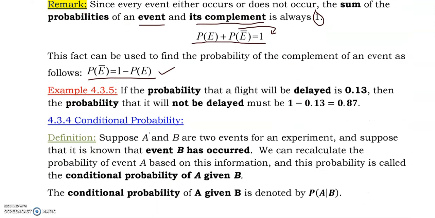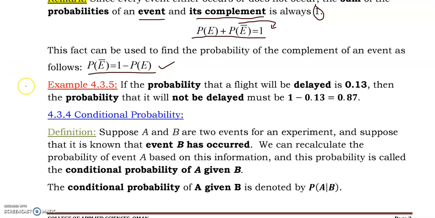We'll see what is the next example. You see here, the probability that a flight will be delayed is given, that is 0.13. The question is then the probability that it will not be delayed must be how much?